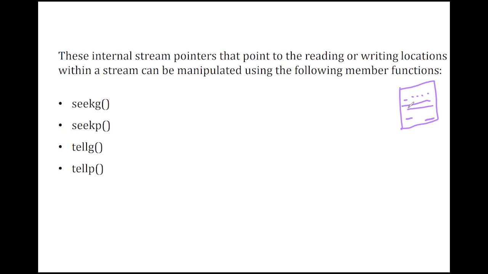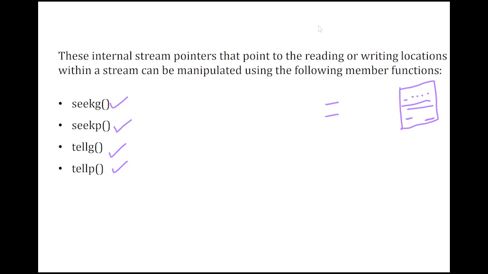That is when these member functions, seekg, seekp, tellg and tellp, these four member functions, will help us to manipulate the get pointers and put pointers. Whether it is reading or writing, it will help us to move the pointer to the position from where we want to read, if not in a sequential form. So let us see them in detail.